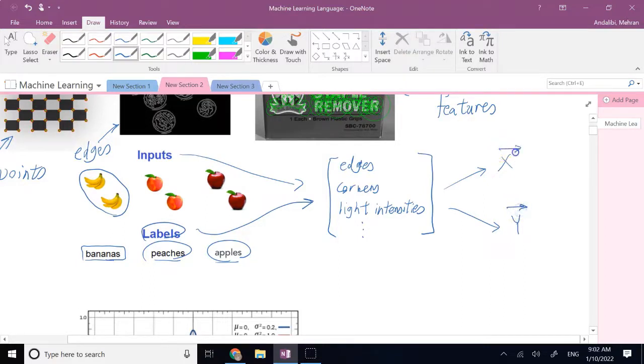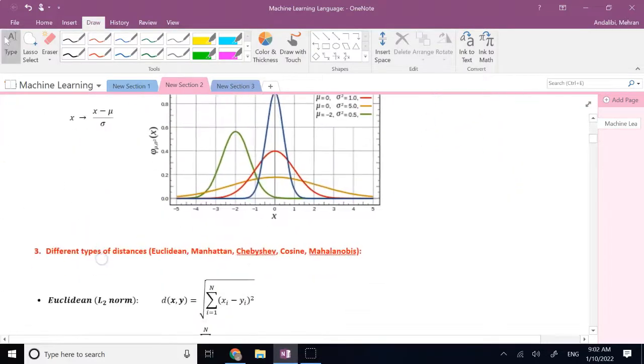Now I want to know whether these two vectors are close to each other, which basically means whether these two vectors represent the same class or same type of data or not. So I have to measure the distance or the similarity or the closeness, any of them that you want to say, between x and y. How would you do it?